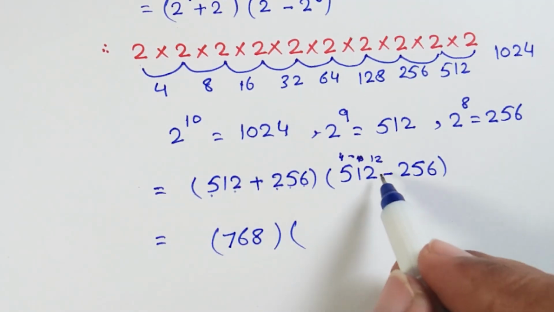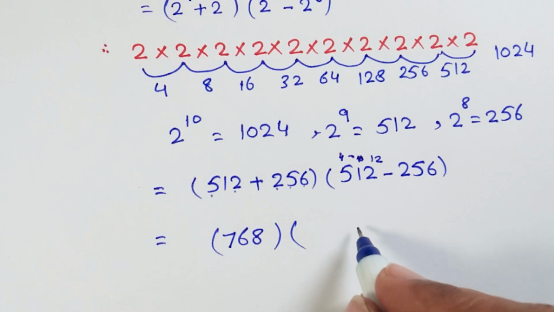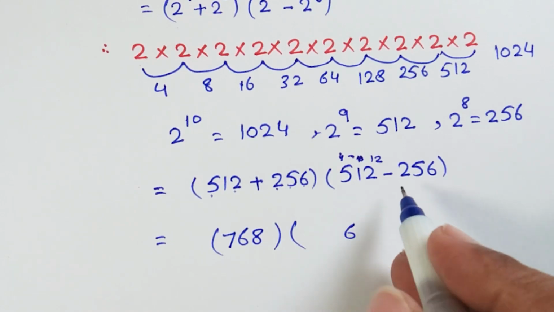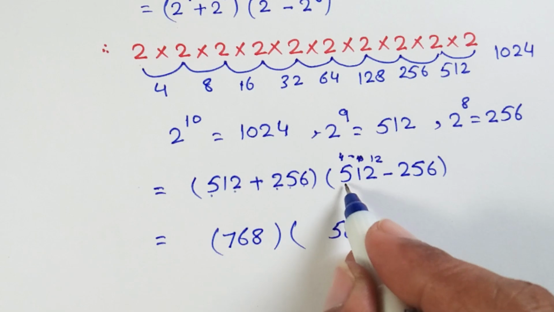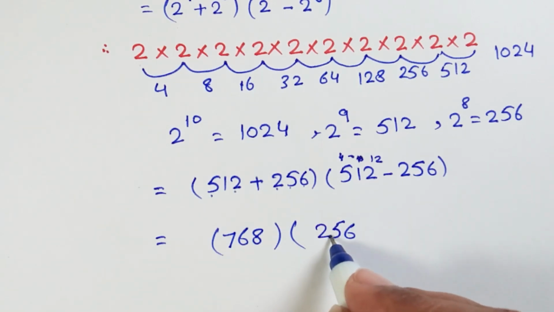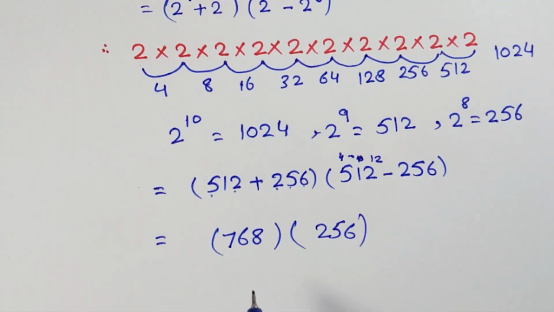So now 12 minus 6 is 6, 10 minus 5 is 5, 4 minus 2 is 2. So now we got the values 768 times 256.